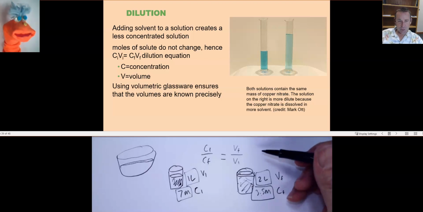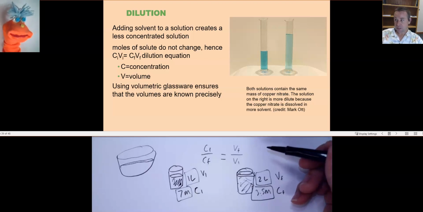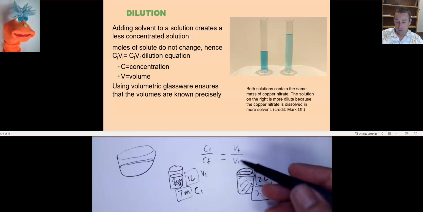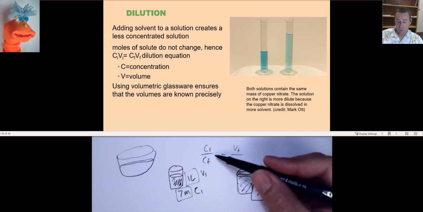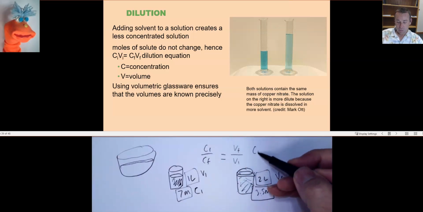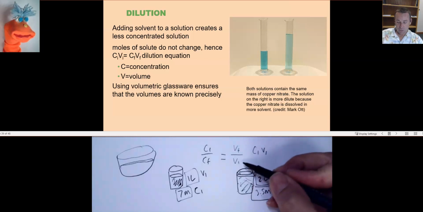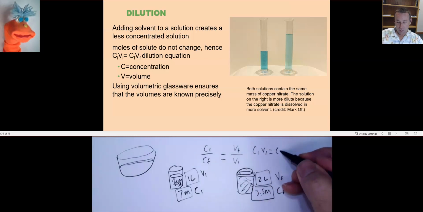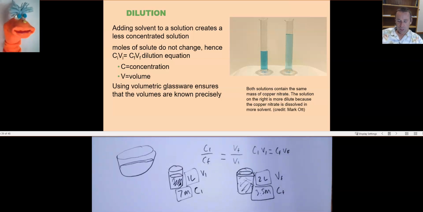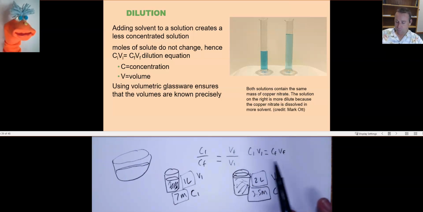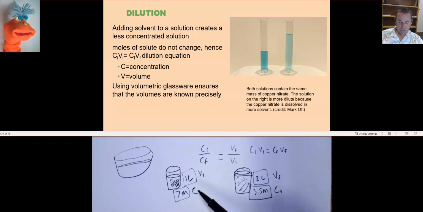But that's not what the slide says. Oh no, the slide doesn't say that, does it? But it is actually the same equation. If I just rearrange it, C1 and bring the V1 over there, and set that equal to CF and the VF. See that? Okay, I see that. And our intuition could have brought us there first. We could have said, oh, look, I see that this times that is equal to this times that, right?